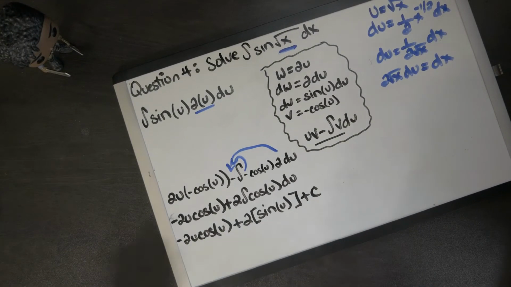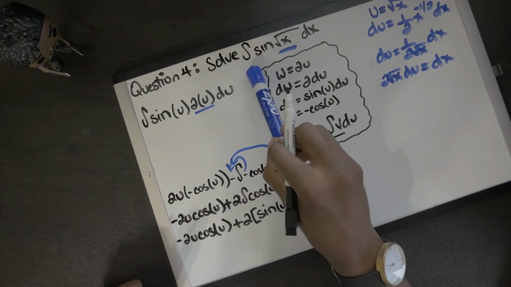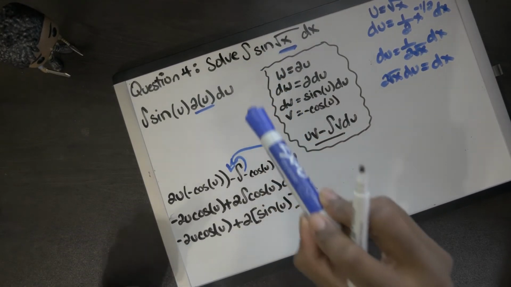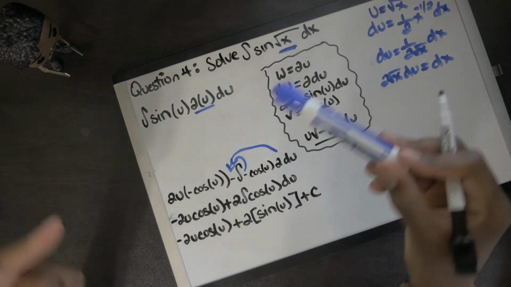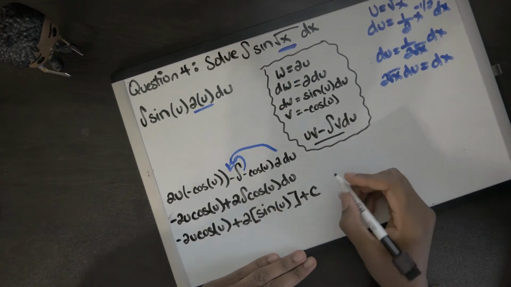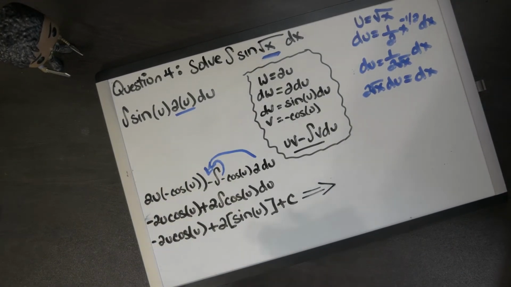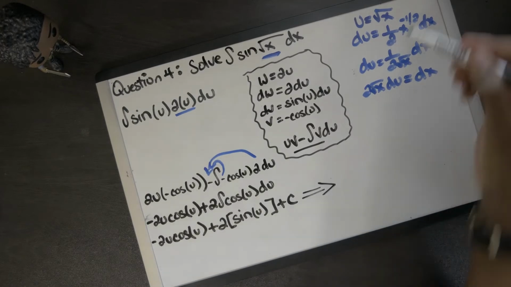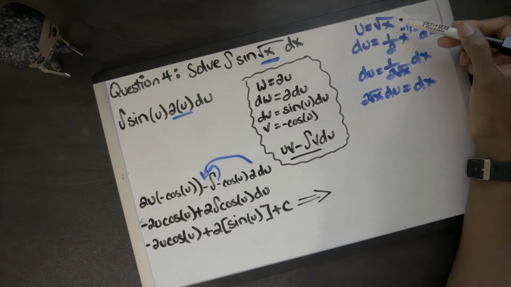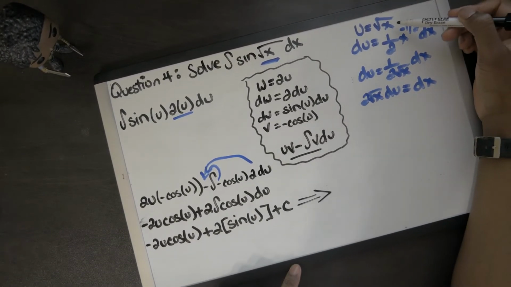But again, we're not done, because we started out with x, and we have to still solve this problem in respects of x. So why don't we plug back in the values that we had originally for that? So we have u, so we'll just go ahead and plug back in what we had in terms of u. So we had a root x.